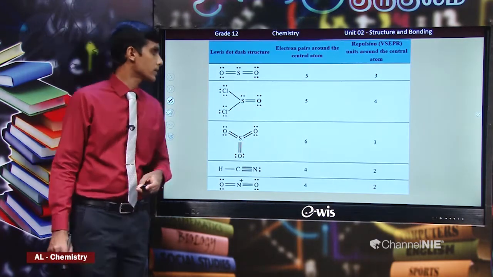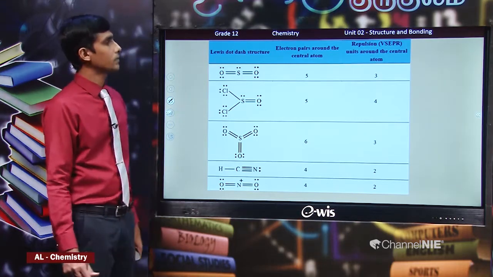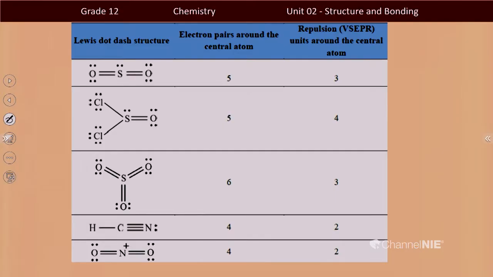Now, you can see a few examples given here. First example, SO2, sulfur dioxide. You can see the Lewis dot dash structure. Another important point: when it is given as Lewis dot dash structure, you have to draw the Lewis structure like this.